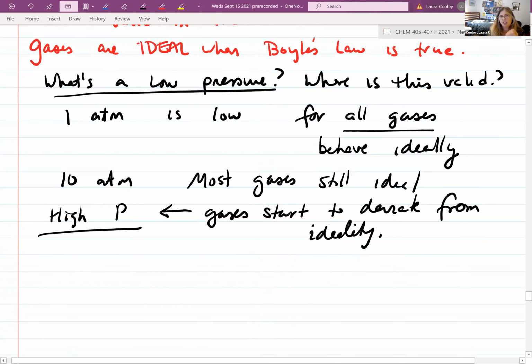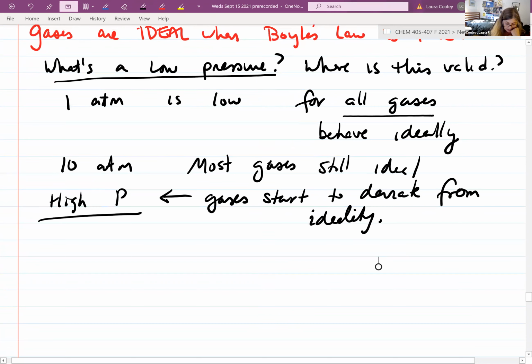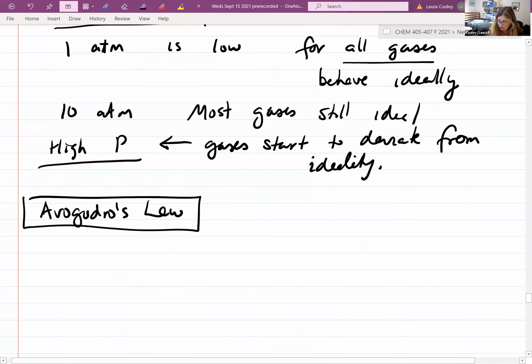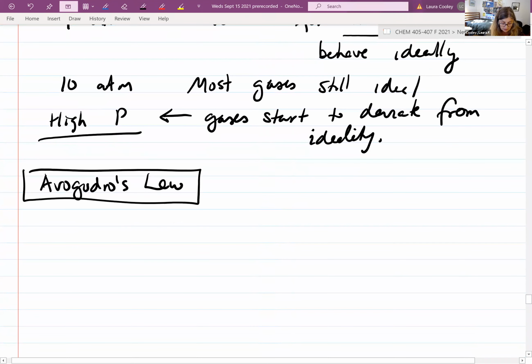and show their individual characteristics, which really brings us to Avogadro's law, which is the last of the individual gas laws. It deals with the relationship between volume and moles. There are already two parts to this law.